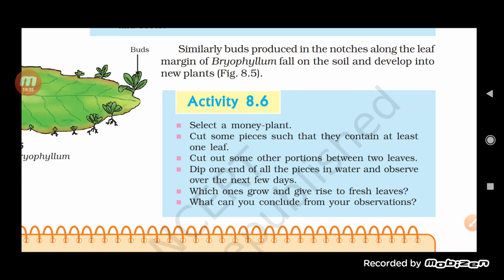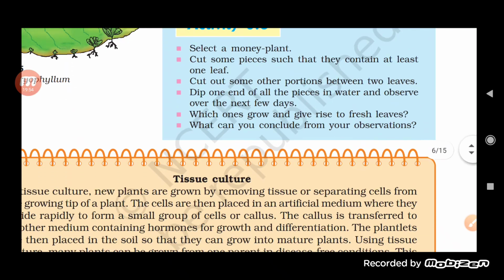So select a money plant, cut some pieces such that they contain at least one leaf. Cut out some other portion between two leaves. Dip one end of all pieces in water and observe over the next days which ones grow and give rise to a fresh leaf. What can you conclude from the observation?